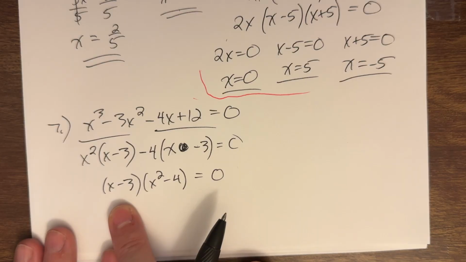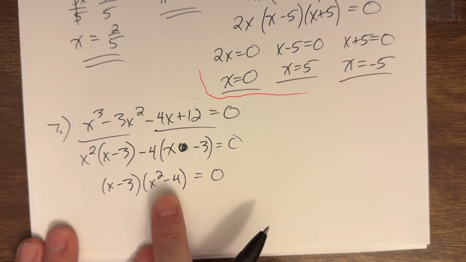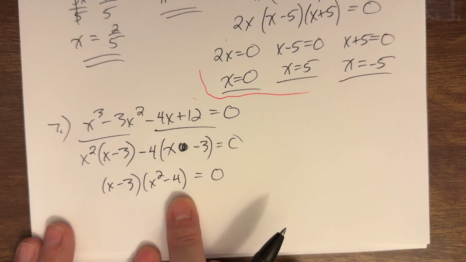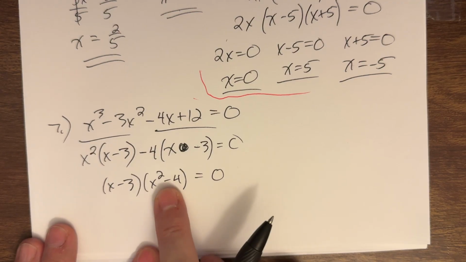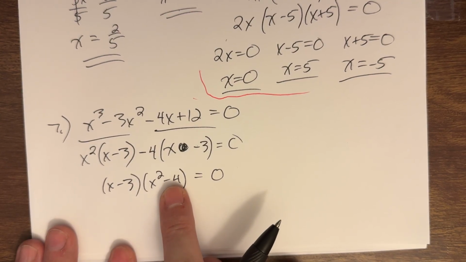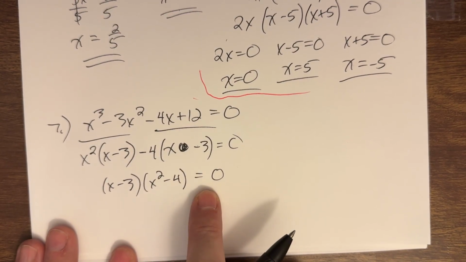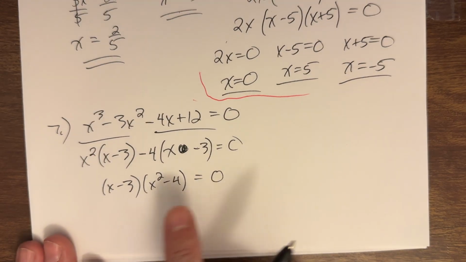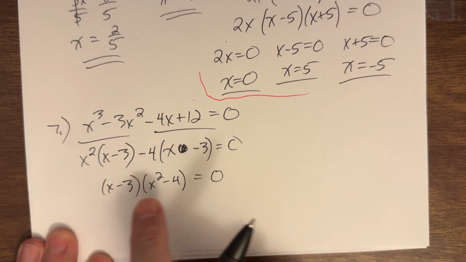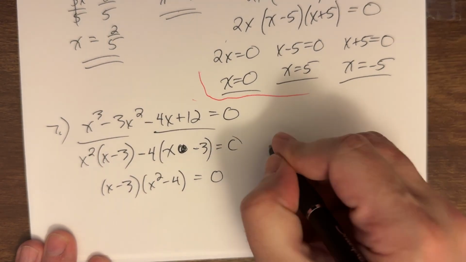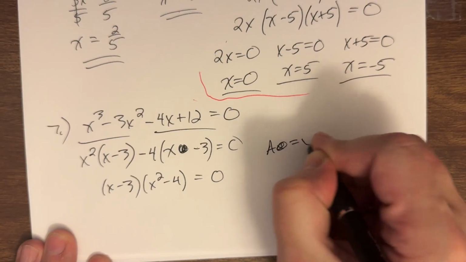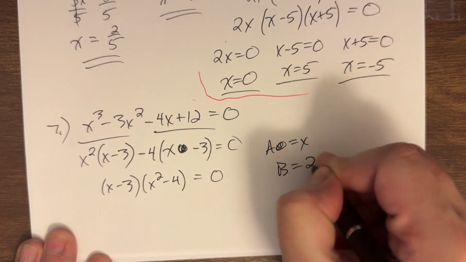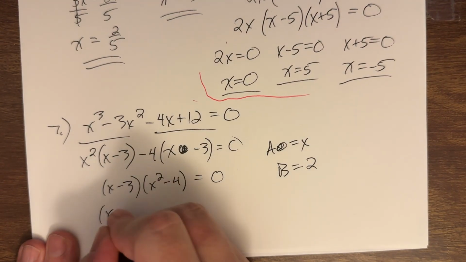This is good, but now one more time, I see another difference of squares. I've got a quadratic left here, a 2nd degree term, and I notice it's got that perfect form, a squared minus b squared. Keep going. A squared is x squared, so a is x. B squared is 4, so b is 2.